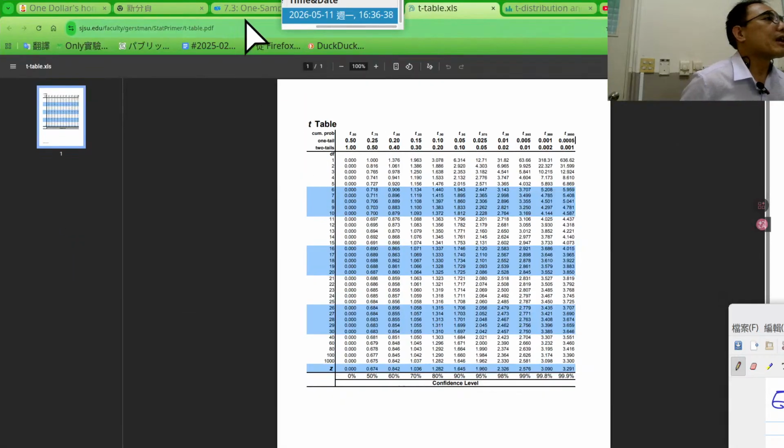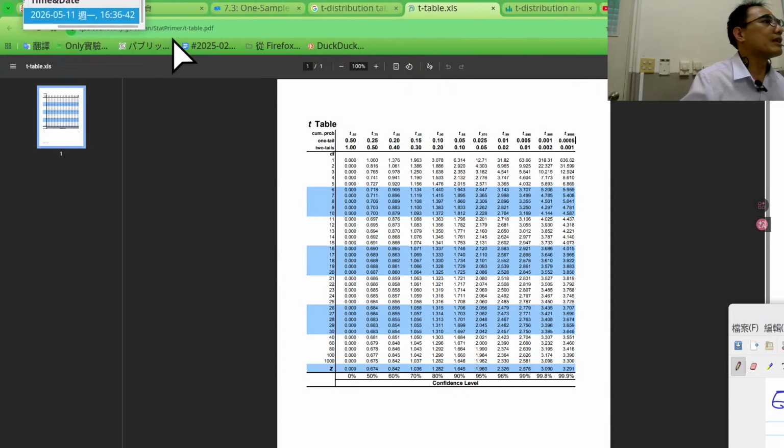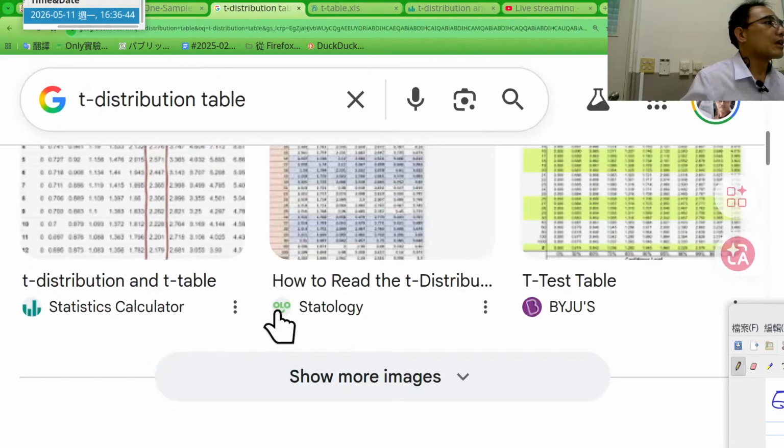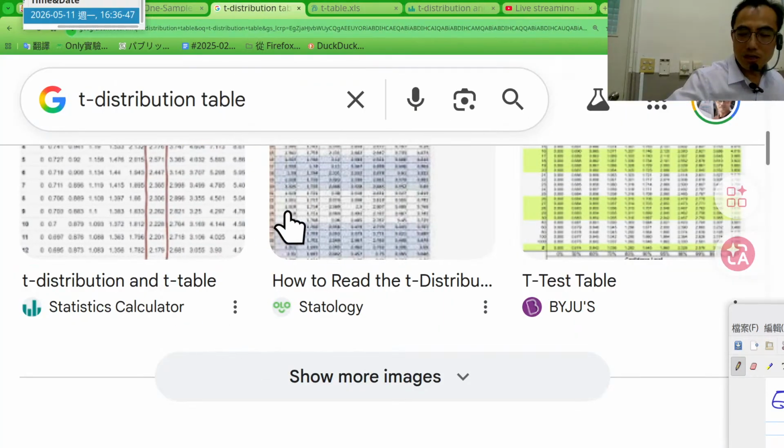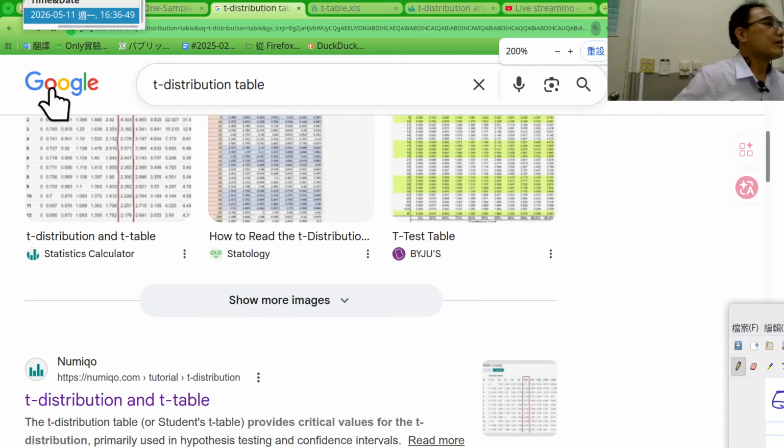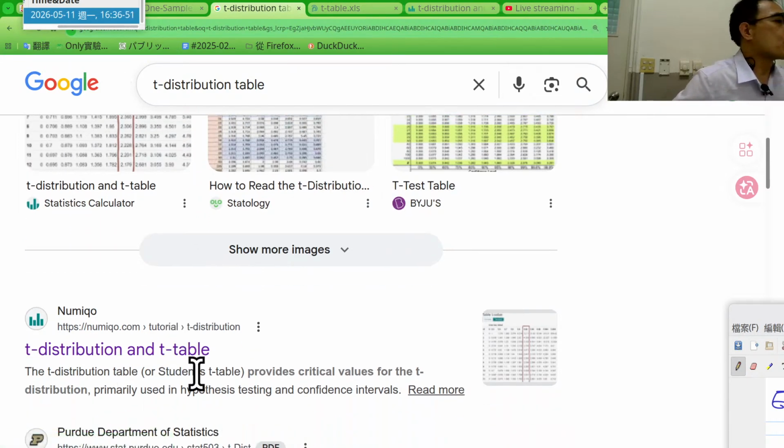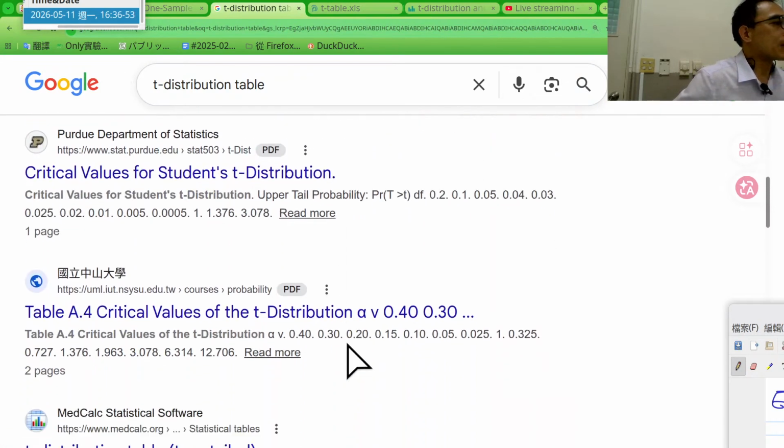Next time, if you are interested, you can go to a search engine and type T distribution, T table, and you will get a lot of useful information.